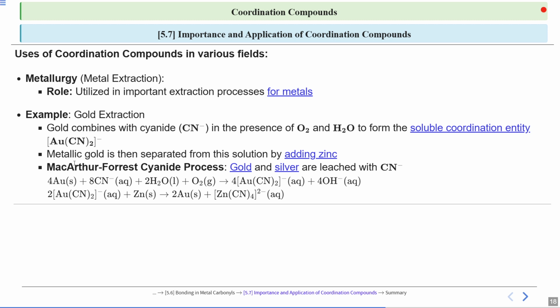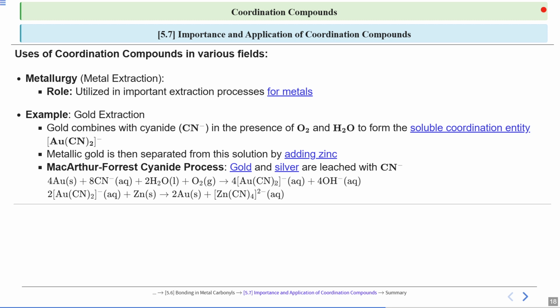So there is the MacArthur-Forrest cyanide process, known for gold and silver that are leached with cyanide ion. So 4 gold plus 8 CN negative plus 2 water molecules plus oxygen. In the presence of oxygen and water, when you add the cyanide to the gold, it forms this complex of Au(CN)2 whole negative, plus 4 hydroxyl ions.